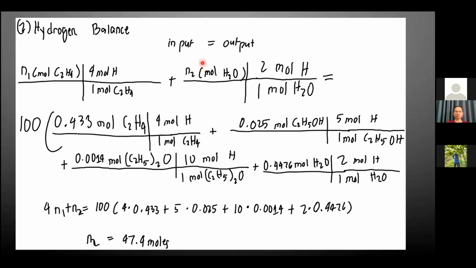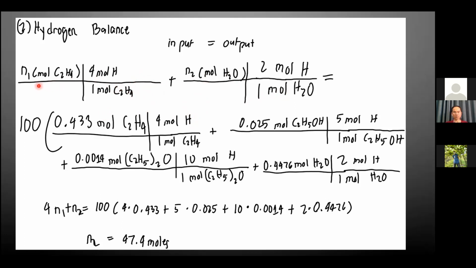And then for the hydrogen balance, we're going to do the same atomic species balance: input equals output. As I said earlier, the hydrogen is not independent because N1 and N2 contain moles of hydrogen in ethylene and in water. So this part is the input.